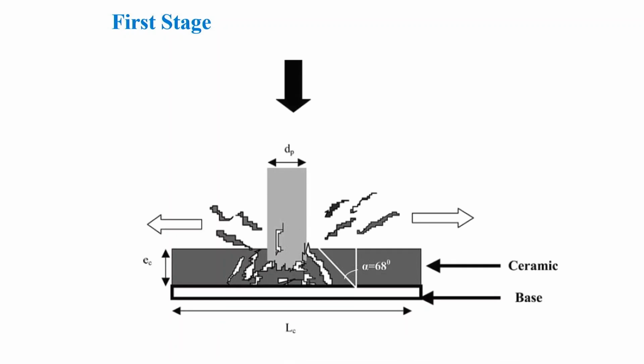In the first stage, this is the ceramic material and we have the base. At the first stage, we will see fragmentation, and the fragments will try to move at fast speed in different directions, and crack formation will be there.